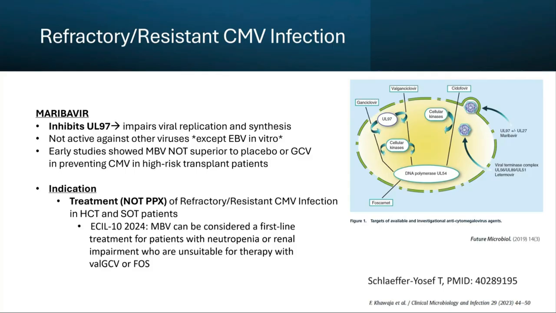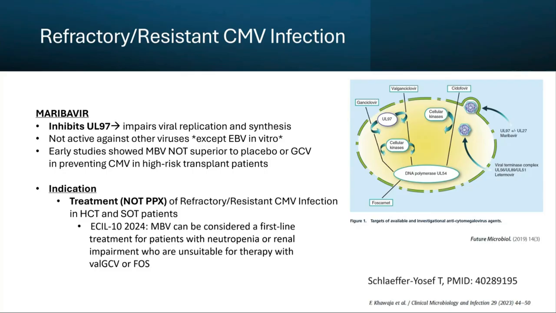There is a European society that studies infections in patients with leukemia. It's called the ECIL, which stands for European Conference on Infections in Leukaemia. They issued a statement in 2024 that maribavir can be considered as the first-line treatment for patients with neutropenia or renal impairment or unsuitable for therapy with valganciclovir or foscarnet.